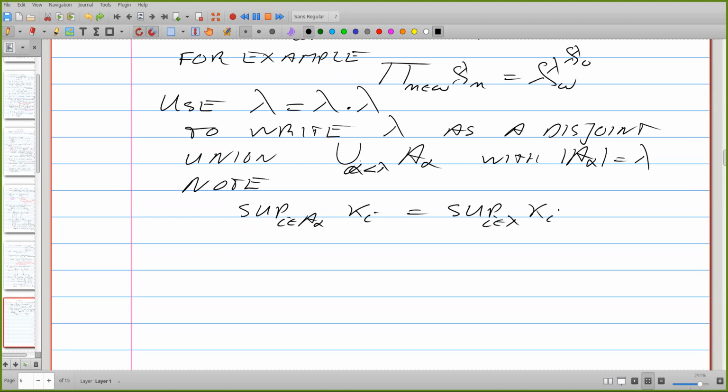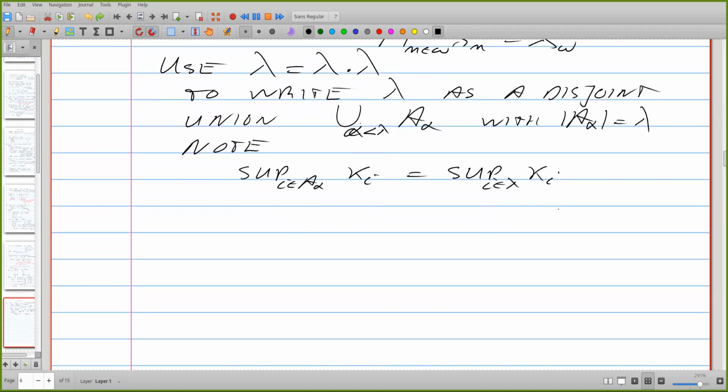If I take the supremum of kappa i's where i runs through A alpha, then I get the supremum of all the kappa i's. Why is that? Well, A alpha has cardinality lambda. Lambda is a cardinal, so A alpha must be cofinal. Any ordinal less than lambda does not have cardinality lambda. That means that a set of cardinality lambda cannot be bounded.